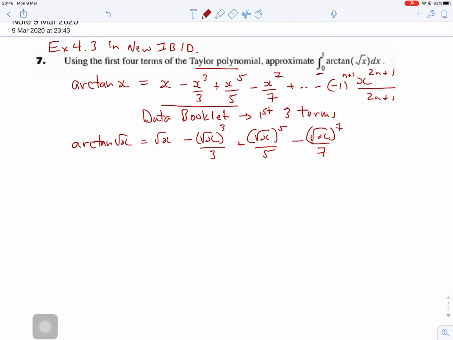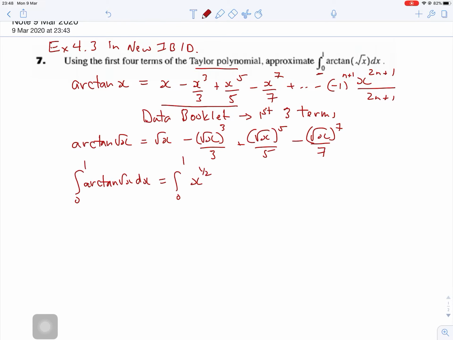Now we see the question's asking us to evaluate a definite integral. So we're going to take the definite integral of arctan root x, which means we're just going to integrate the function that we just determined. In order to integrate that, it might be easier to write it in exponential form.